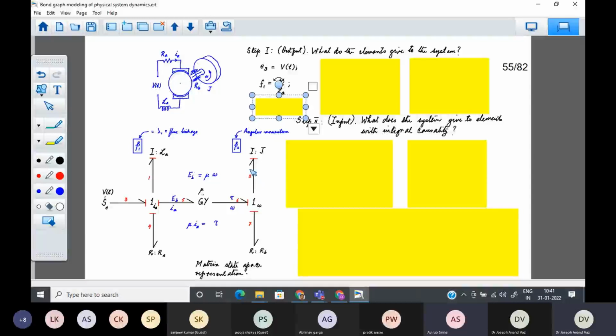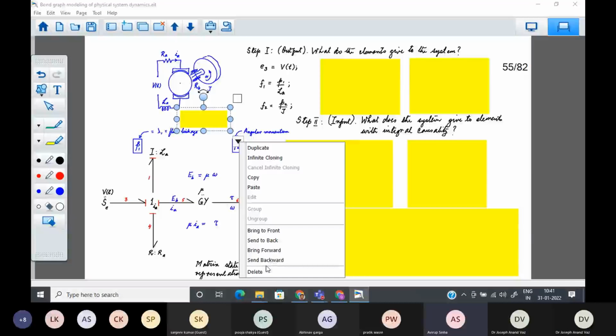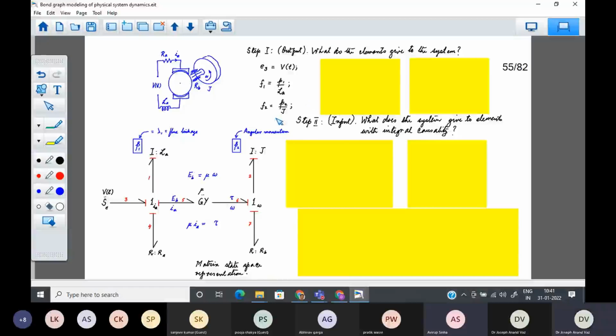The next question is, what does this I element provide to this? It gives flow 2. So here also you can write flow 2 is equal to P2 by J. So for these elements, the questions were simple, and on the right hand side, you had terms of states and parameters.